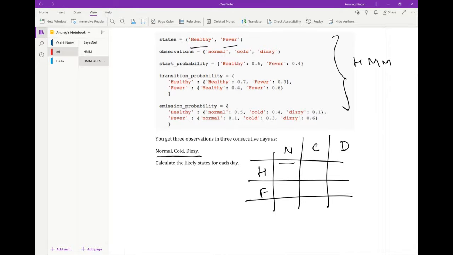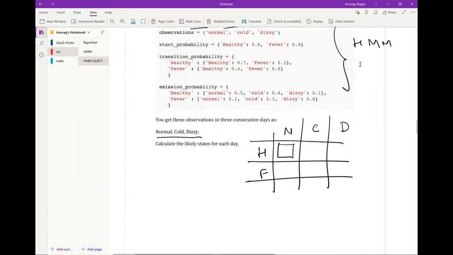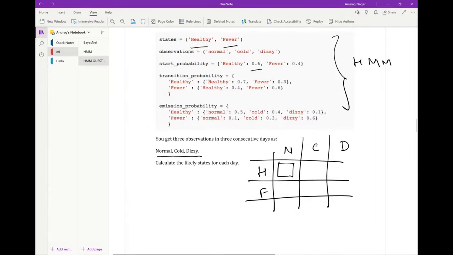So what will be the entry here? The entry here would be starting in the H state. Starting in the H state is 0.6. So this entry right here will be 0.6, then healthy normal. Emission probability healthy normal is 0.5. So 0.6 multiplied by 0.5, which is going to be 0.30.